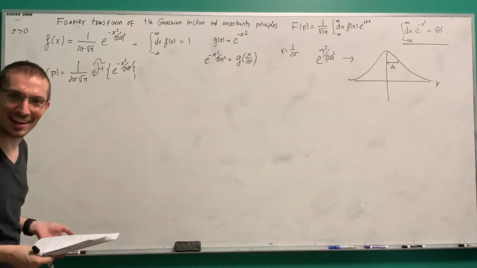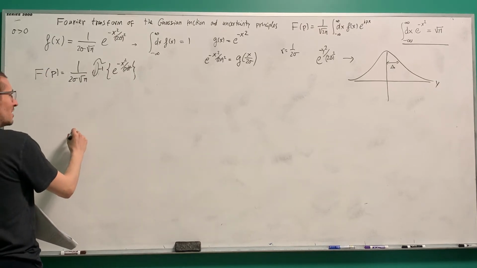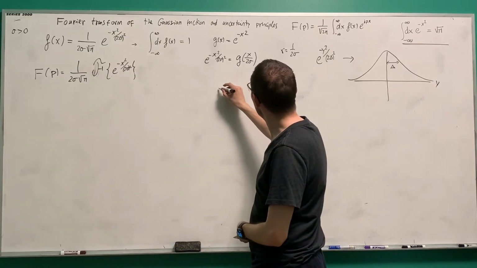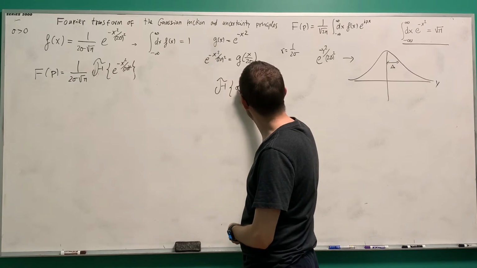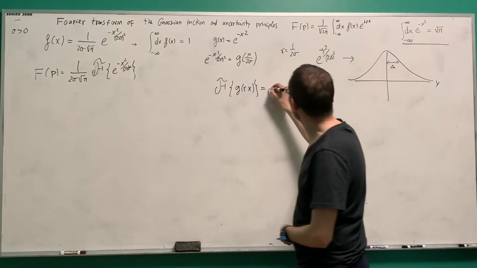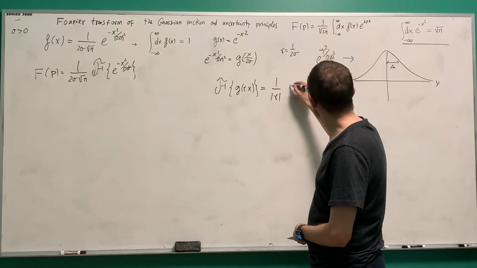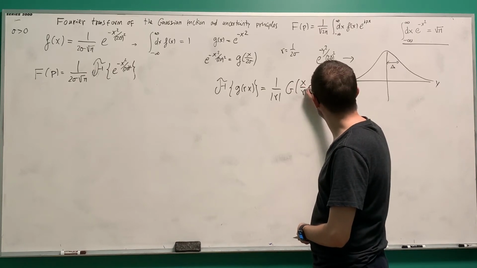So it's a rescaling. So if we remember, I'm going to erase it in a second, but let's remember just for a little bit the scaling property of the Fourier transform. The scaling property tells me that if I have the Fourier transform of g of r x, then I get 1 over the modulus of r times the Fourier transform of g at p over r.